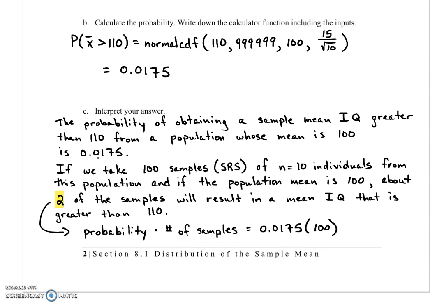We chose 100 samples because the first non-zero digit in our probability is in the hundredths place. So that's why we chose 100 samples. And if we do that, that equals 1.75. But we're talking about individuals, so we have to round. So that's approximately 2. So that's how we got 2 samples.